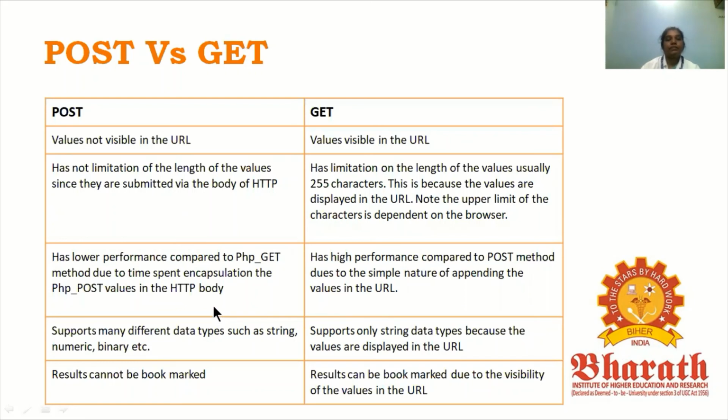Compared to GET, POST gives lower performance, but the GET method gives higher performance than the POST method. The POST method supports different data types such as string, numeric, and binary, and the GET method supports only string data types.